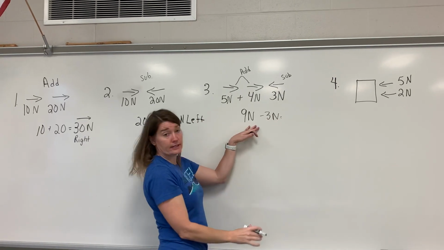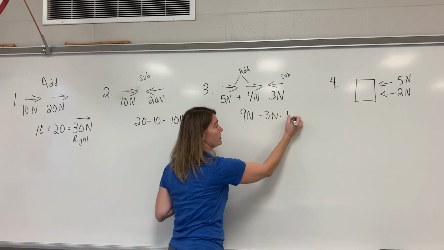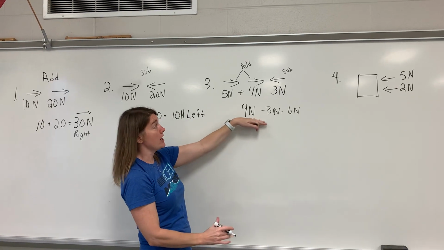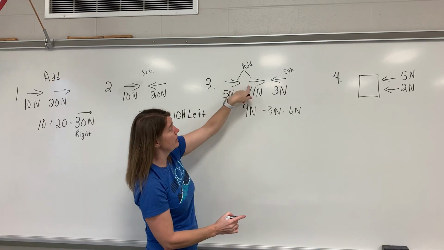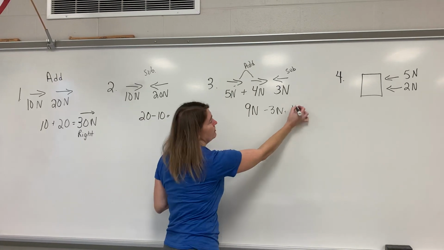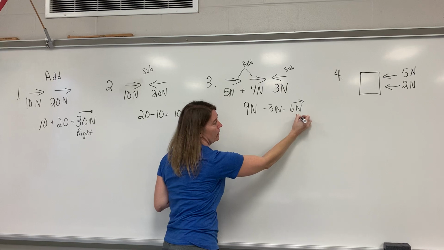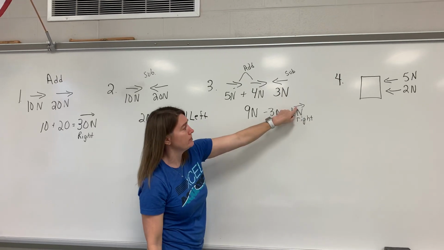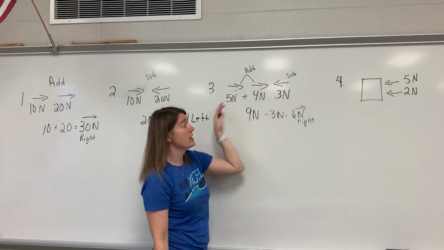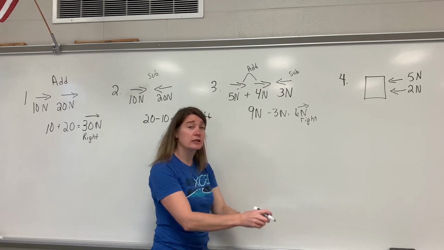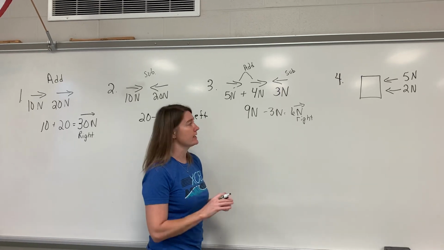By subtracting 9 minus 3, you get a total of 6 newtons. Now you have to figure out what direction. Because this one is going to the right and it's bigger, you would put that arrow that way, to the right. And again, if right and left confuses you, just put an arrow that shows you which way it is actually moving. Think of pushing a box, playing tug of war, things like that.